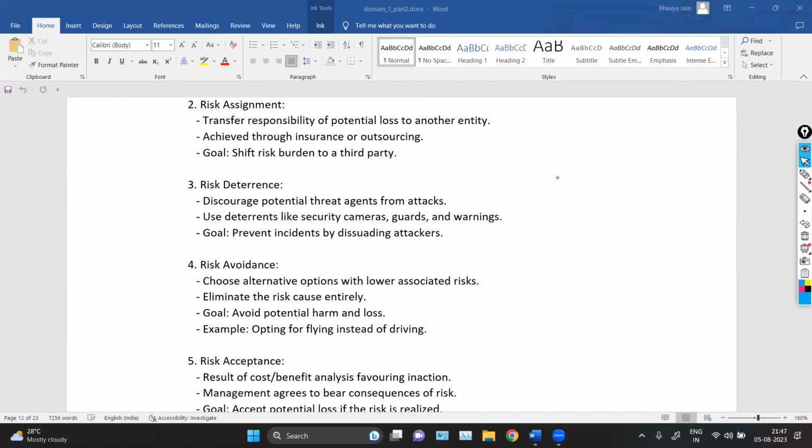In risk deterrence, for example, you are convincing or threatening any attacker to not attack your organization, because you are displaying the consequences of attacking, etc. You are also convincing your team members to not get involved in any kind of breach or attack. That is risk deterrence. And avoidance is like you are taking initiatives to avoid the risk. Let's say you are using two-step verification for avoiding the risk like that.